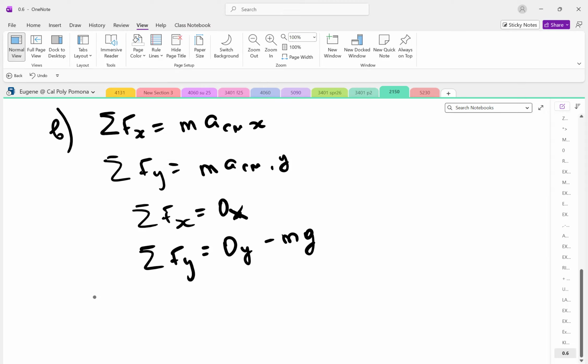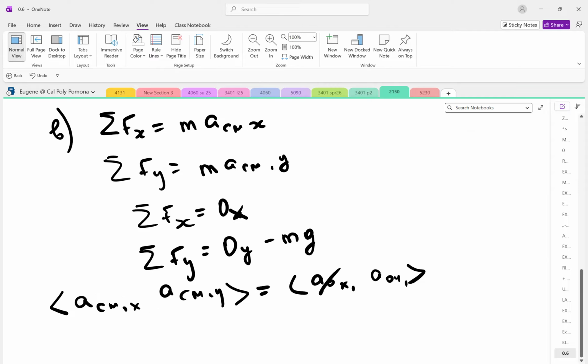And we write down that the acceleration of the center of mass in x and y equals the acceleration of point O, which is 0, minus omega squared times O center of mass x, O center of mass y.